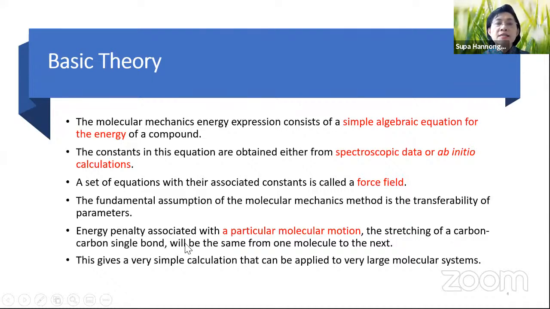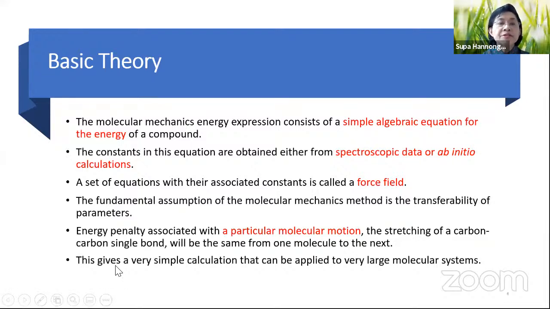So the energy is associated with a particular molecular motion. If you think about a molecule like water, 1 oxygen and 2 hydrogen, they are stretching and bending all the time. So it can have some motion, and then we can obtain the energy from that.